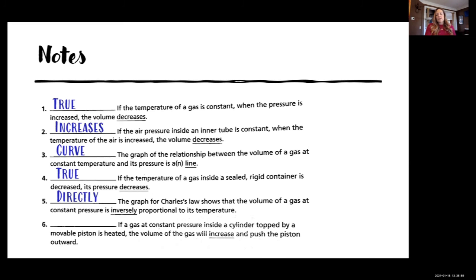If a gas at a constant temperature inside a cylinder topped by a movable piston is heated, the volume of the gas will increase and push the piston outward. This is true. This is how combustion engines work. So if you have a vehicle that runs on gasoline, this is exactly how it works, because there is a little spark and a tiny explosion in the bottom of the cylinder when the spark plug fires and gasoline is involved.